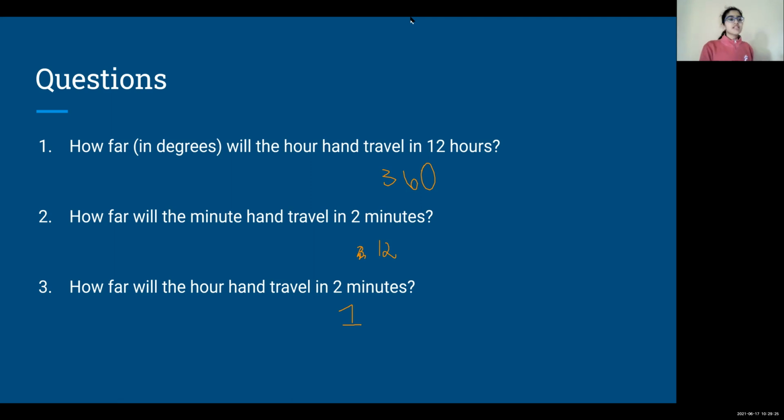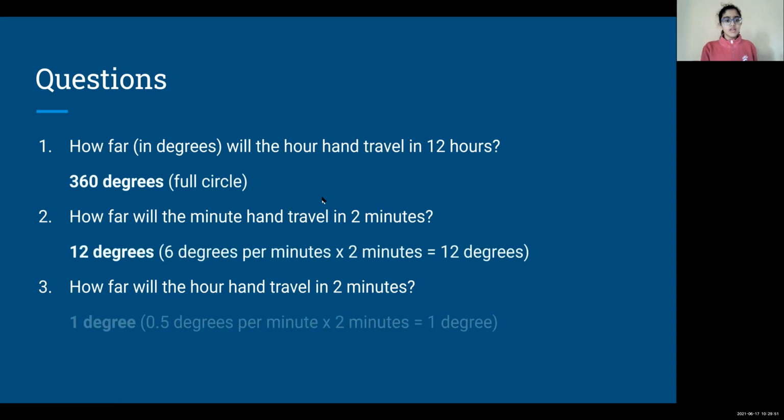Visualize a clock in your mind, and if you can't, it's easy to quickly draw a clock on paper. It doesn't have to be perfect, but being able to remember how it looks can help you a lot when you're trying to logic your way through a question. So, 360 degrees, 12 degrees, and 1 degree.